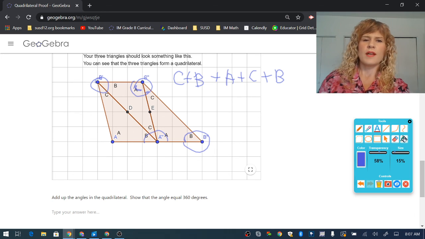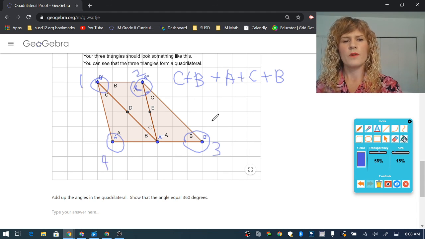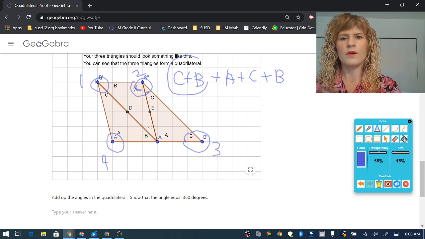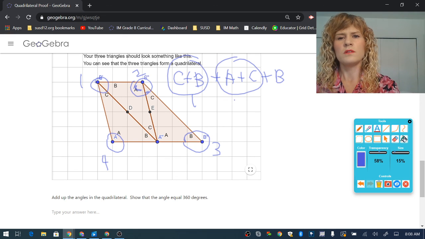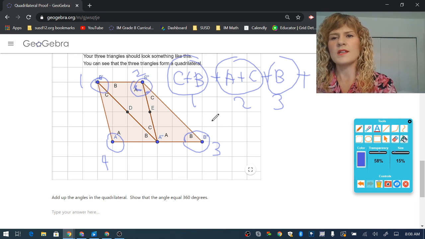Wait a minute, that's not one of my angles. What am I doing? Here we are. We want 1, 2, 3, 4. So here is angle 1, here is angle 2, and then here is angle 3. I got lost for a second. Now angle 4 is just A.